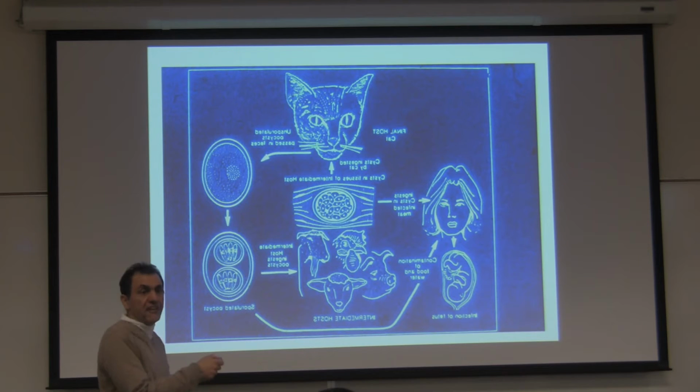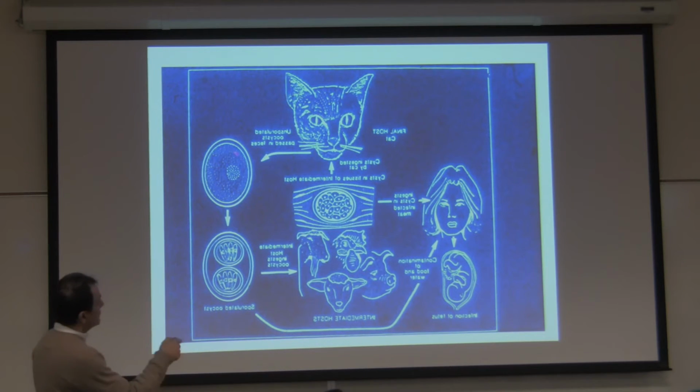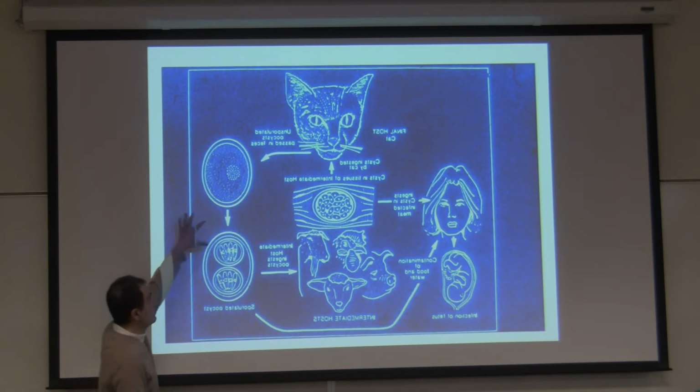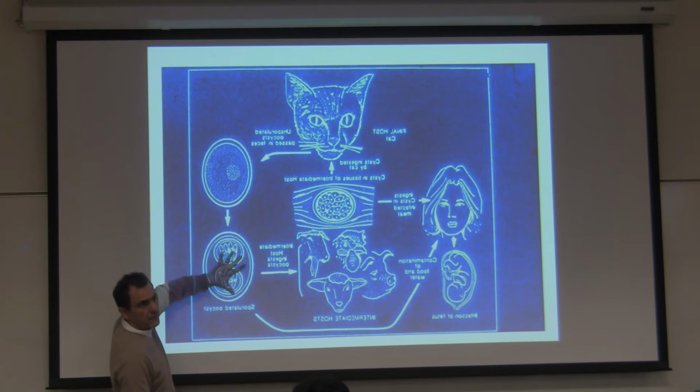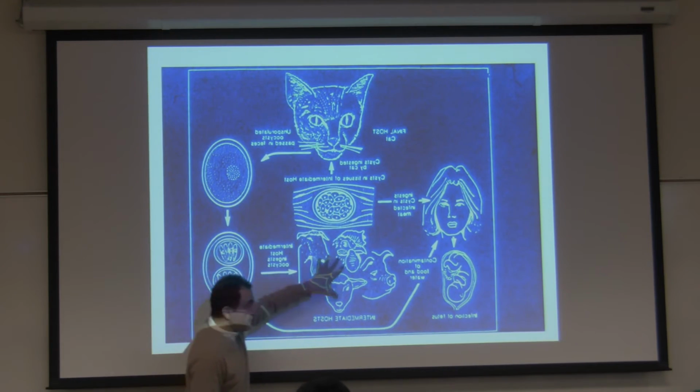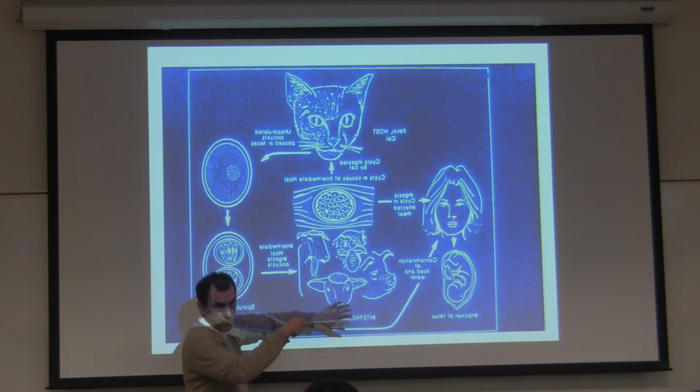Domestic, the whole feline family. They release the oocyst, unsporulated oocyst, not dangerous. However, that oocyst stays in the environment between 1 to 4 days and becomes sporulated. You already know that. And then that sporulated oocyst is ingested by farm animals or humans.